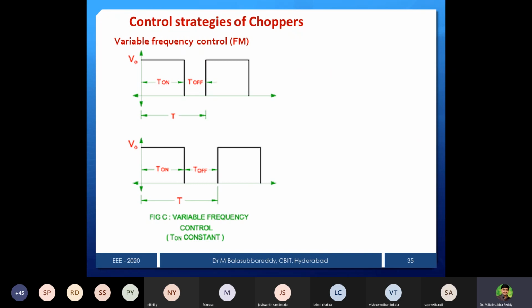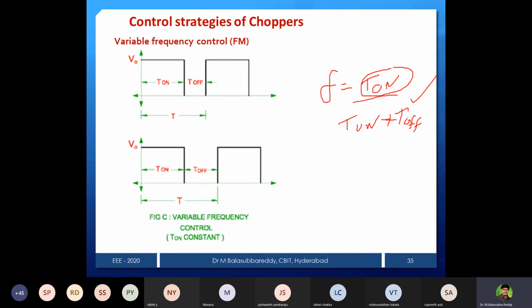Then variable frequency control: by changing delta, same formula, but I divide T as T on plus T off. You keep T on fixed and vary T off, so delta will change and frequency also will change.